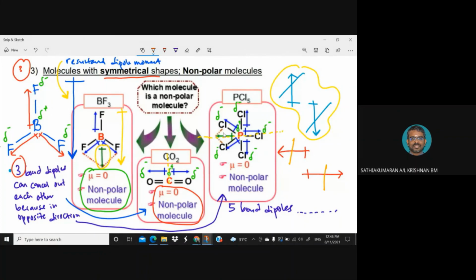So you can draw the bond dipole like this, or you can draw a big arrow, resultant dipole moment going down. Okay, going down. And don't forget to label resultant dipole moment.